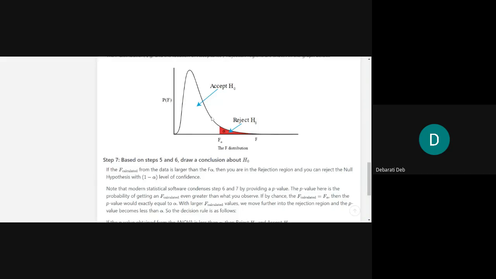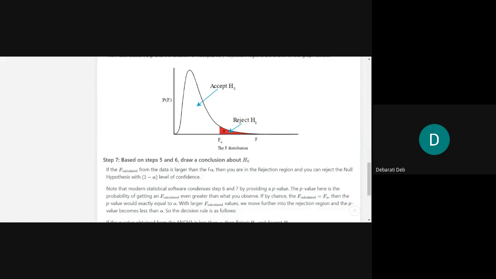This is the point where our tabulated value of F, or the critical value of whatever statistic you are following, is falling. So till this value only you can accept the null hypothesis. If your calculated value is surpassing this point, that means it is going into the red portion, then you need to reject the null hypothesis.